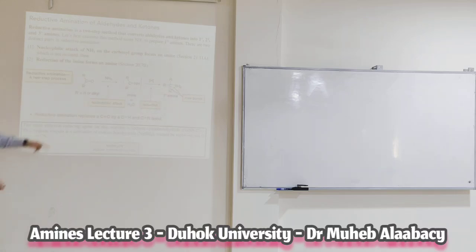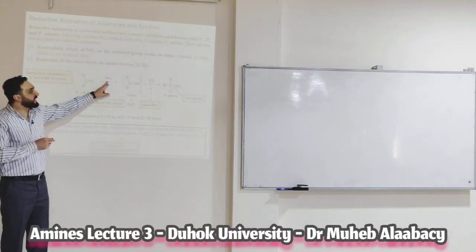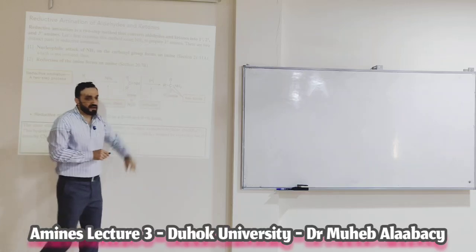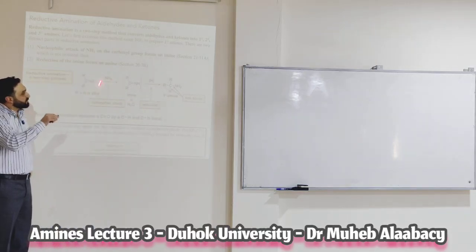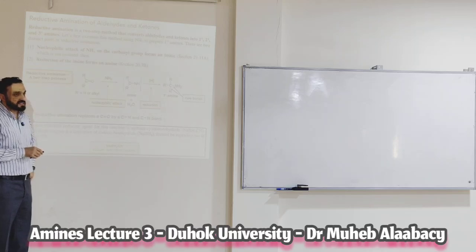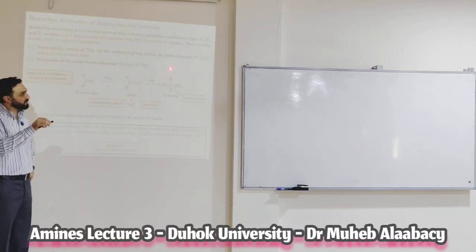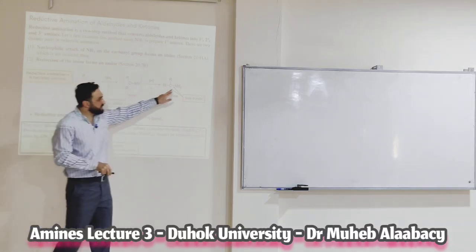If you look at the ammonia, NH3, because we tested our reaction with ammonia, what is the difference between NH3 and the final amine? Yes, this step is reduction, but look at the whole process. What is the difference between this nitrogen and this nitrogen?